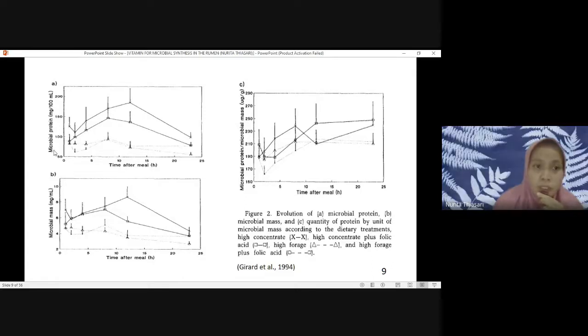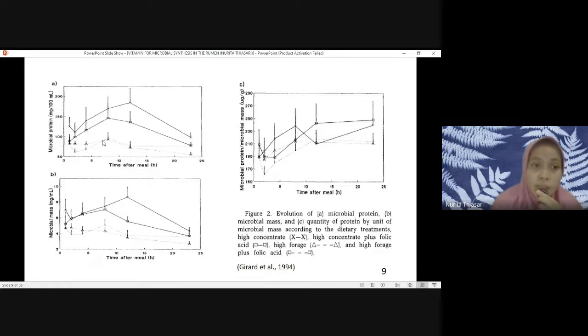Figure A is about the microbial protein. The line is the animal with the high concentrate diet, and the dotted one is the animal with the high forage.